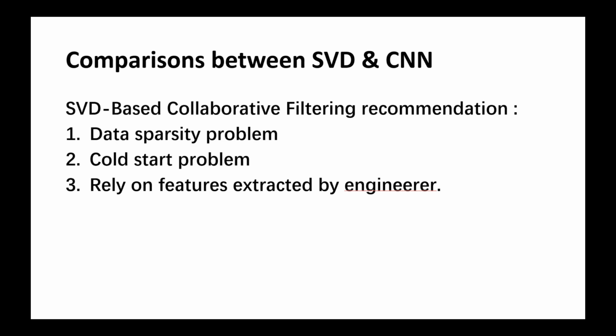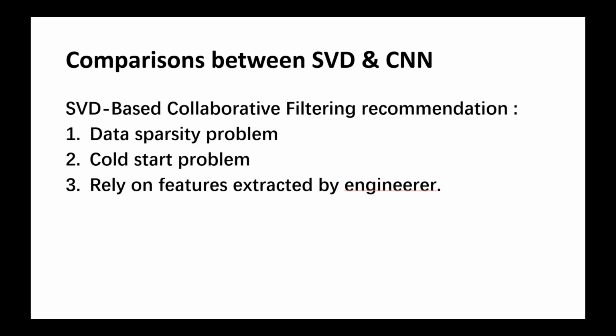SVD-based collaborative filtering is the most widely used recommendation algorithm at present, but there are also serious data sparsity and cold start problems. In addition, the classic collaborative filtering method cannot learn the deep features of users and items by using a shallow model.